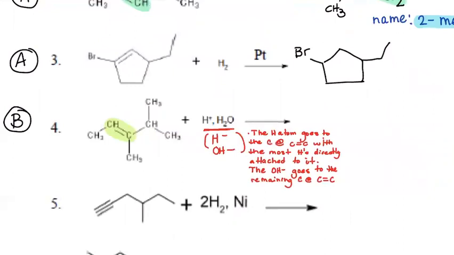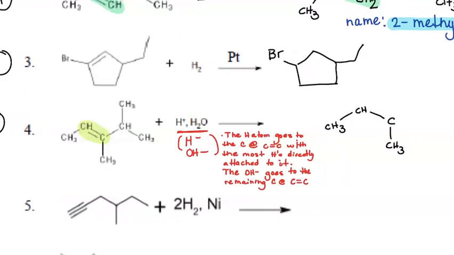I'm going to write the atoms. This is a CH3 attached to a CH. Then I have to single bond this to carbon. This is a CH3. This is a CH. This is a CH3. And this is a CH3. Okay? I'm still focusing here.